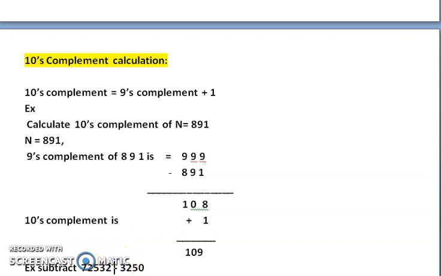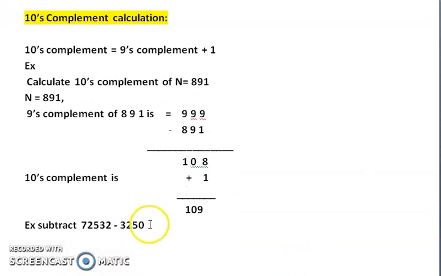For binary numbers, a minus b is calculated as a plus b bar, where b bar means the complement of b.